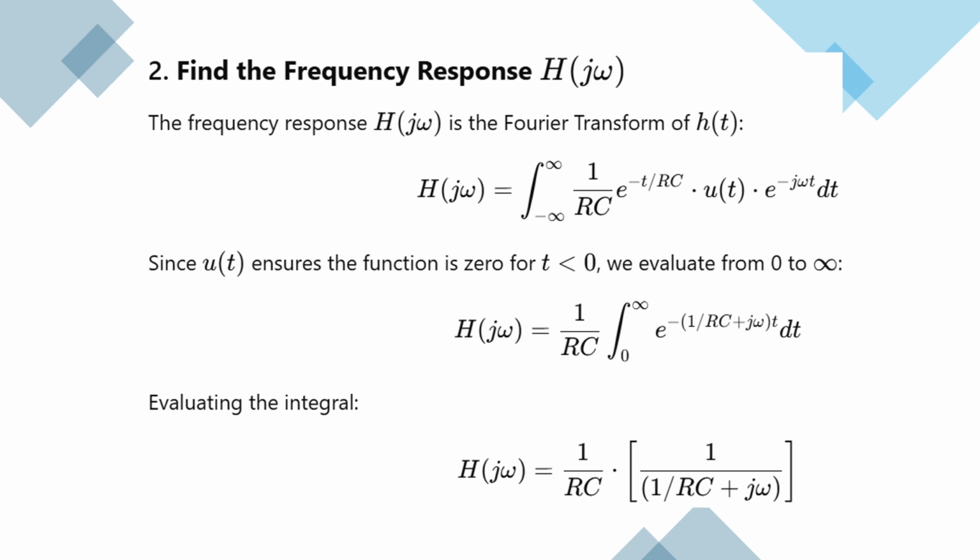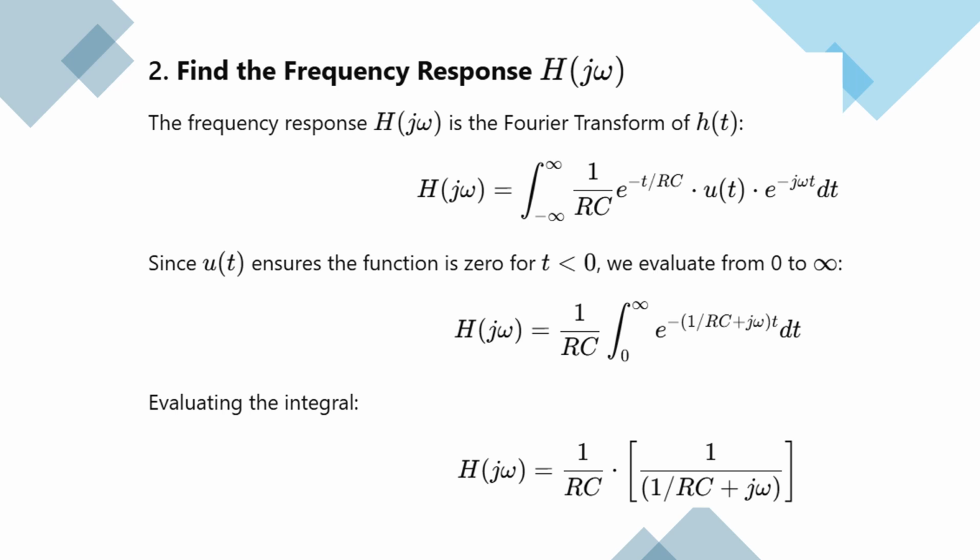So here let's suppose h(t). Mostly we represent it as h(t), and the corresponding Fourier transform will be H(j omega). Suppose h(t) is equal to 1/RC e to the power minus t/RC. So this is your RC circuit only. You can consider it as h(t). So what will be the frequency response, that is H(j omega)?